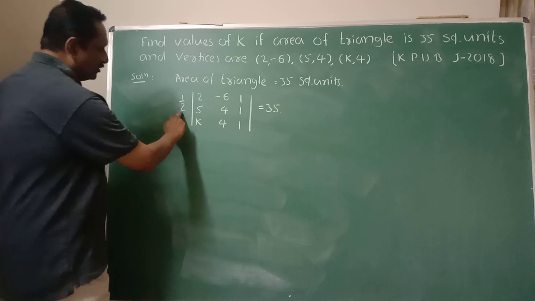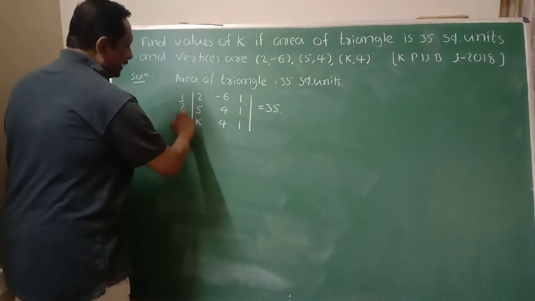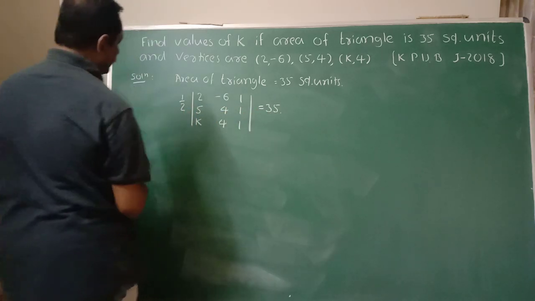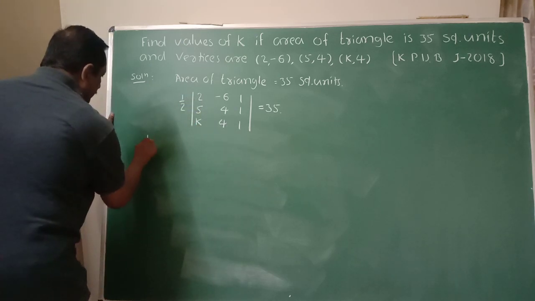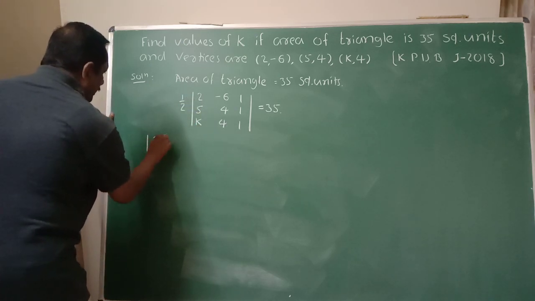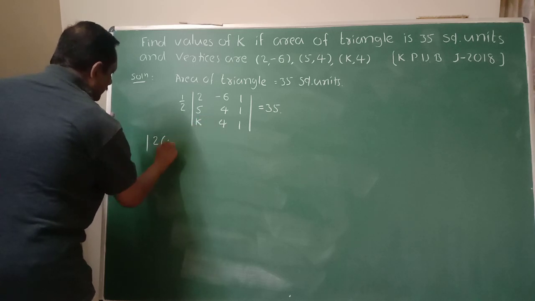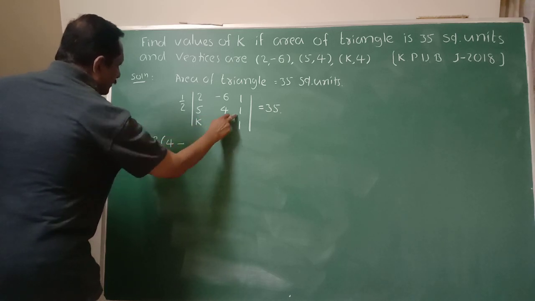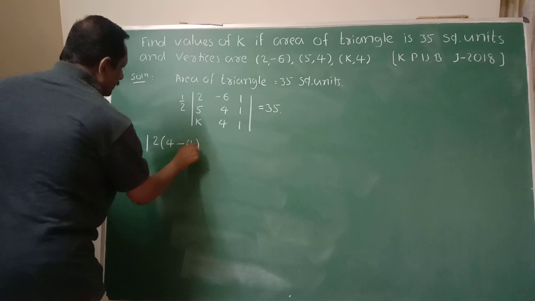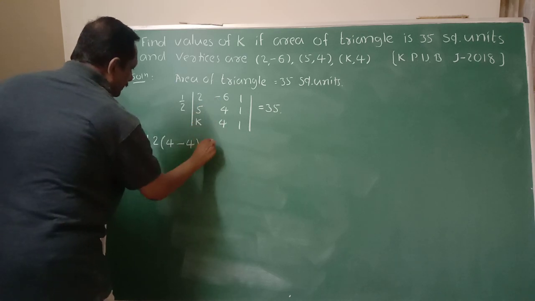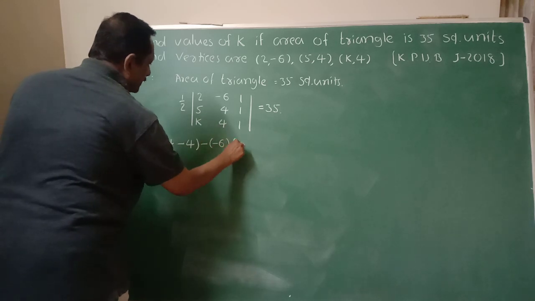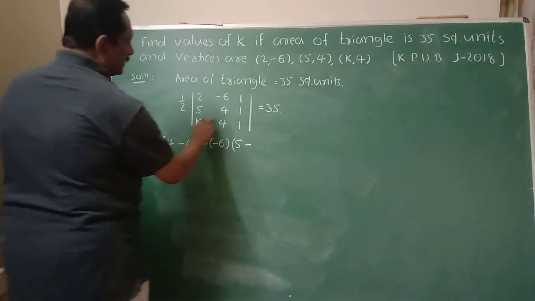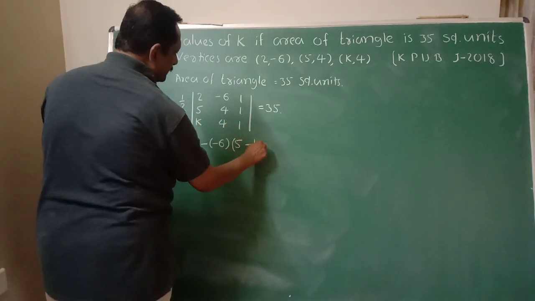Okay. Take 2 right hand side here. 35 into 2. It is a 70 here. Therefore expand this determinant of 2 into 4 ones are 4 minus 4 ones are 4 here. Minus of minus 6 here into 5 into 1 becomes a 5 minus k into 1 is a k here.